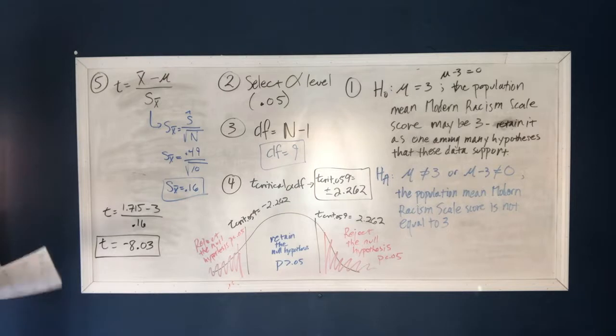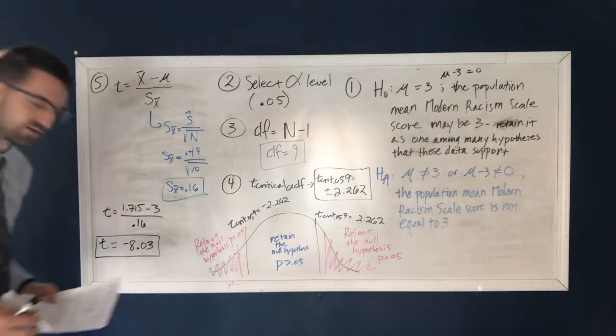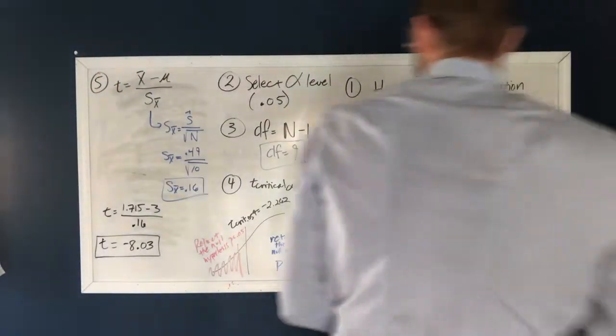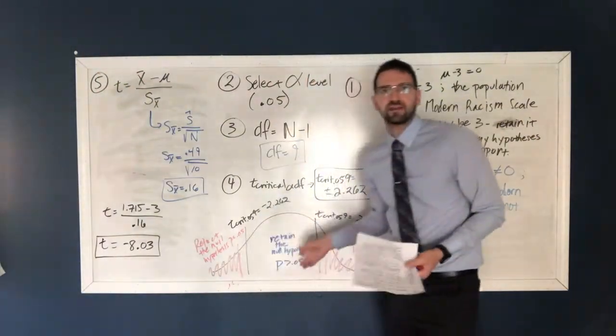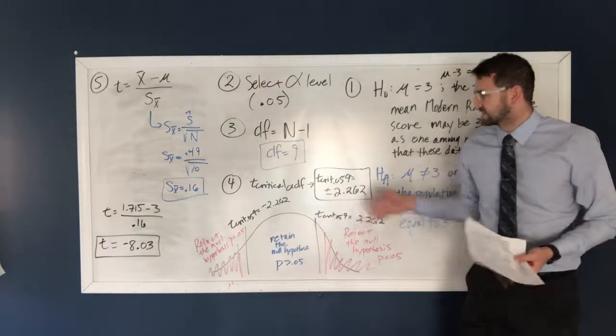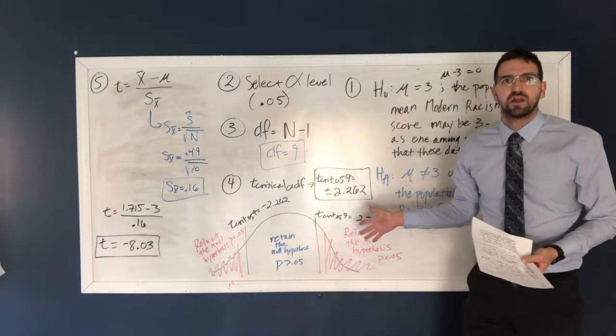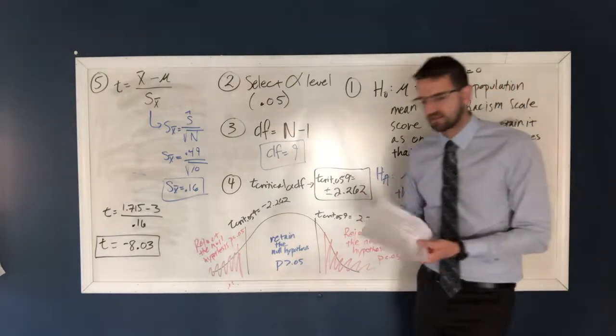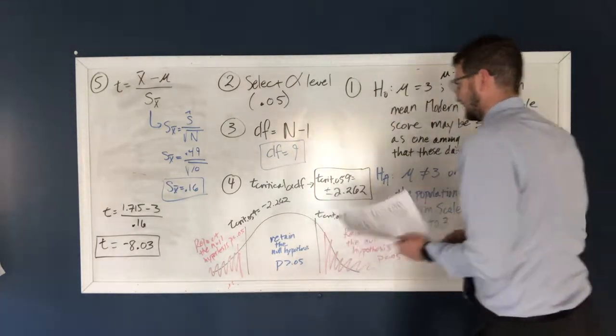Okay, so our t obtained is going to be negative 8.03. Perfect, moving right along. So what we can now do is stick this t obtained in our picture here and figure out if we're going to reject or retain the null hypothesis.